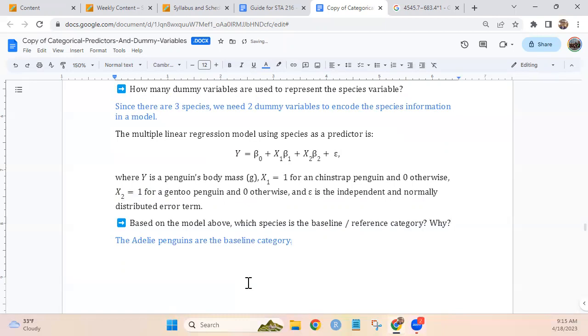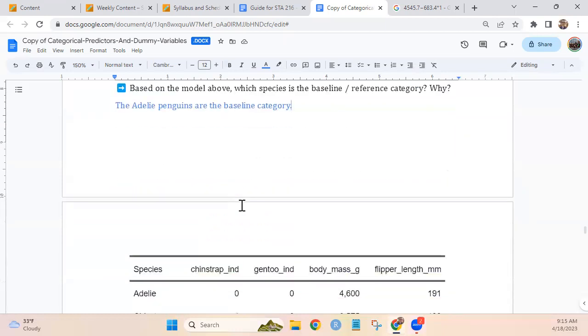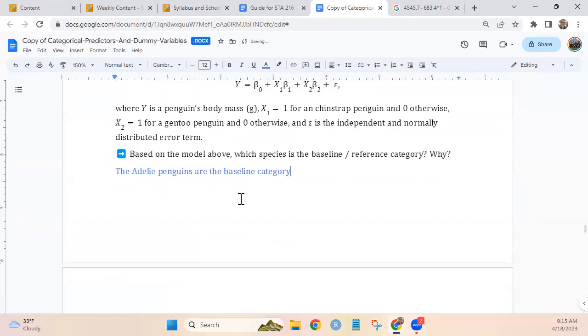Again, in this case, I would say it's not very important that they were designated as the baseline category, unless you have some reason that they're more important than the other species. And then we'll say it's since they do not have their own dummy variable.